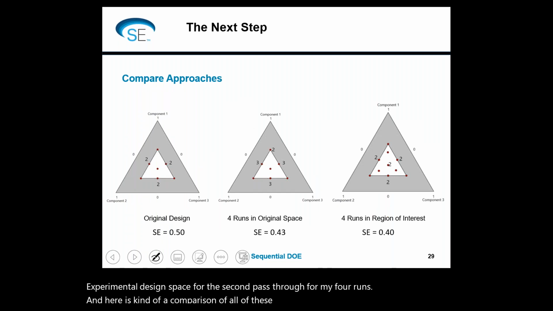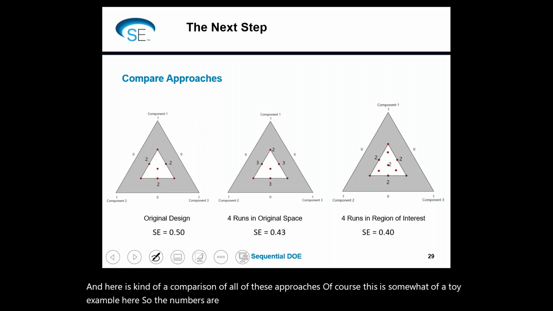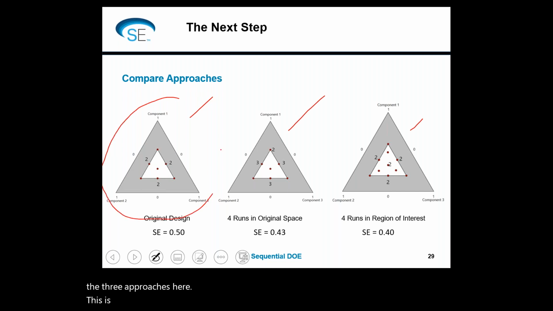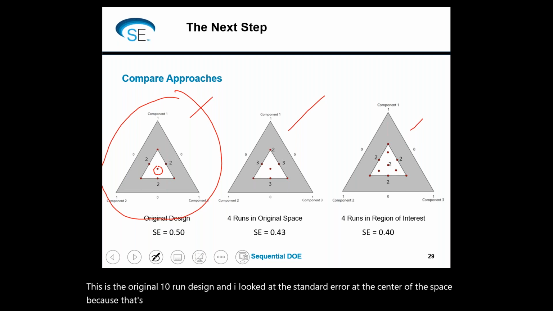Of course, this is somewhat of a toy example, so the numbers are just for illustration purposes. But what I did is I compared the 3 approaches here. This is the original 10-run design, and I looked at the standard error at the center of the space, because that's where I think my optimum is most likely to occur. Here it's 0.5.